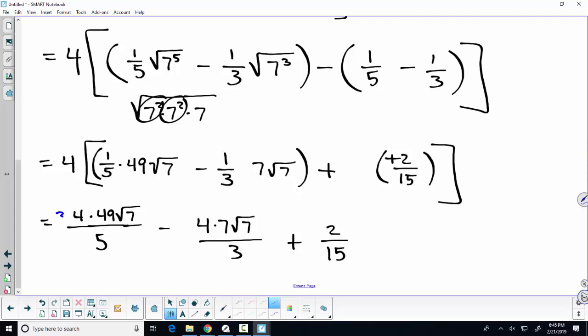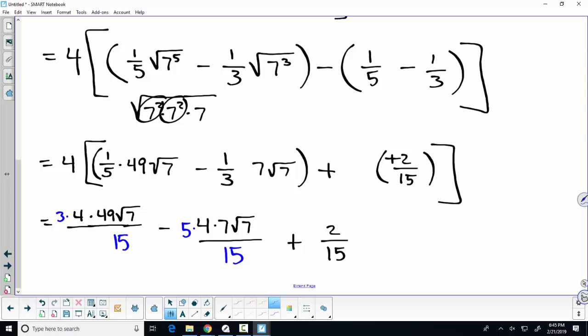Over 15, so 3. So 3 times. We have it, right? It's just going to be this radical with root 7 plus 2/15ths, whatever that is. 12 times 49. Just combine these two terms with root 7 plus the 2/15ths.